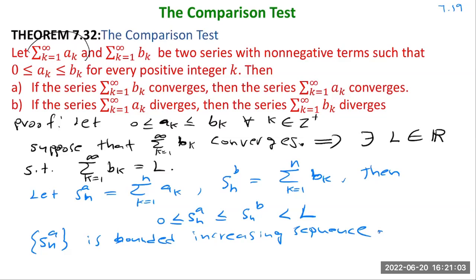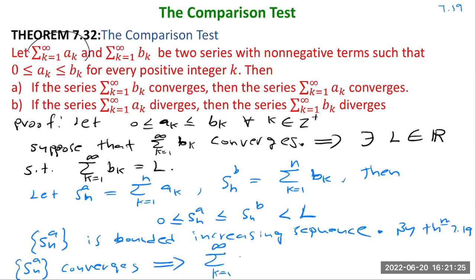So by theorem 7.19, SNA converges. What does that mean? That implies that your original series, the summation K goes from 1 to infinity of AK, converges.